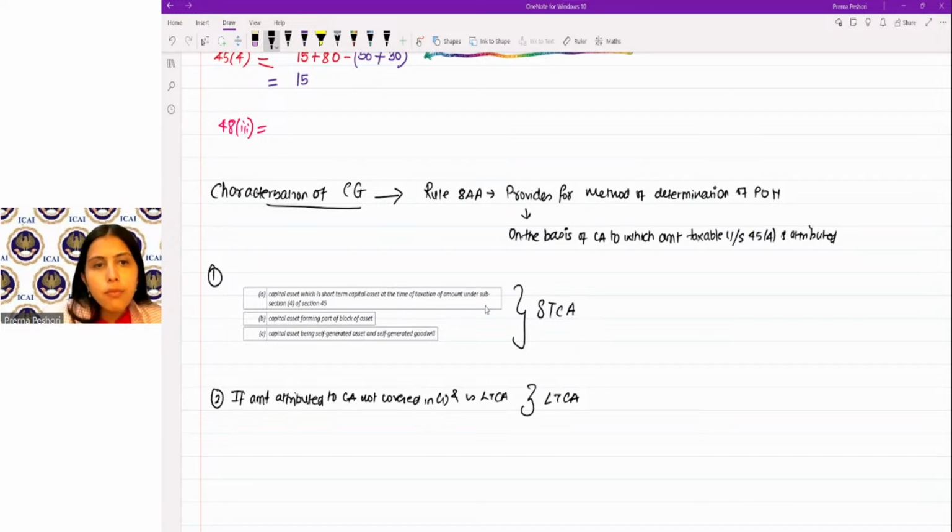I'm sure you have not understood it very well, right? But let me explain it in a proper manner with the help of an example. In this particular case, we are not looking into the asset which is transferred.